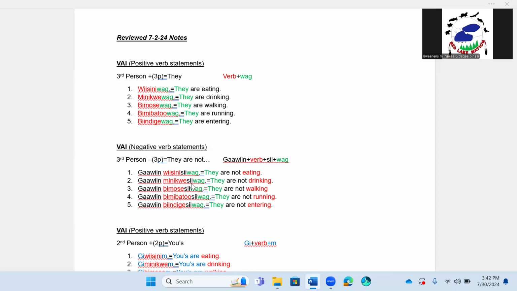Number 3, gawiin bimosesiwag. They are not walking. Number 4, gawiin bimibatoosiwag. They are not running. Number 5, gawiin bindigesiwag. They are not entering.